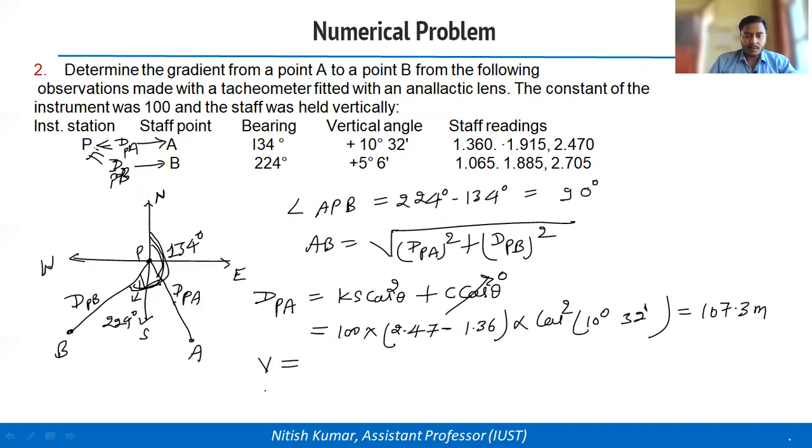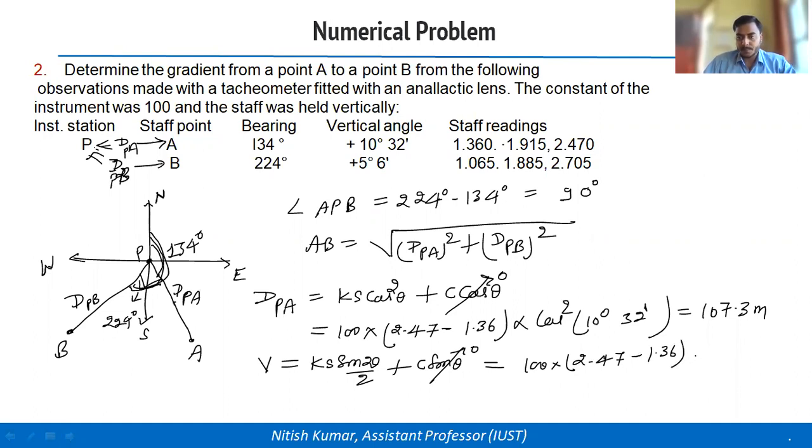Now we can calculate the vertical distance also. Also we can calculate the V. So now we can get the elevation.